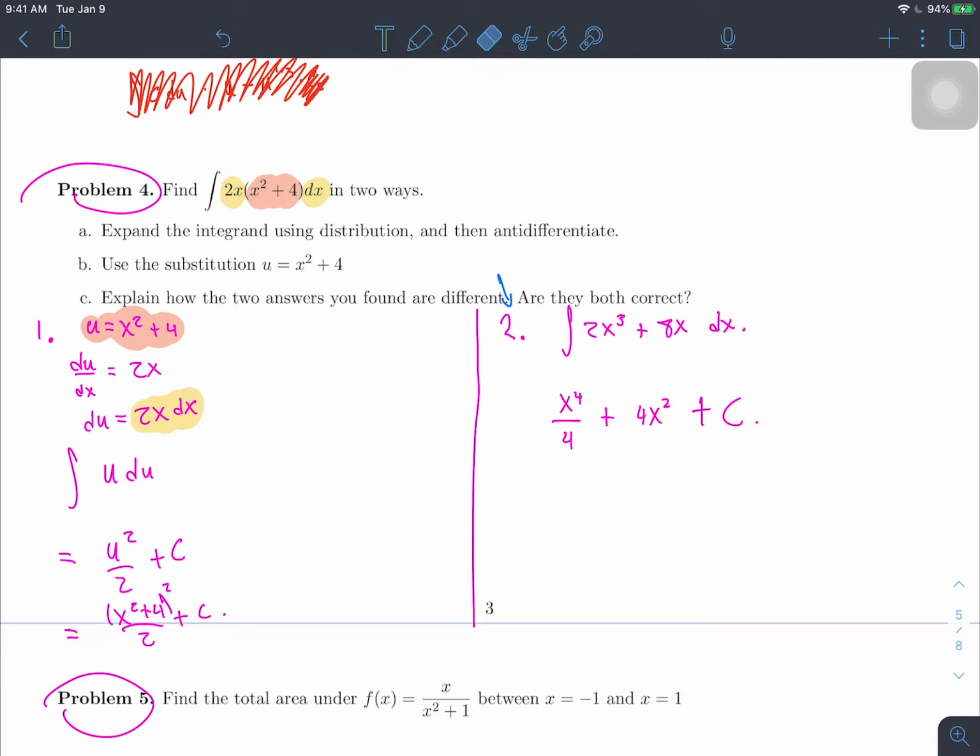Yeah, because if we foiled this, x squared plus 4, all quantity squared over 2, let's do it.